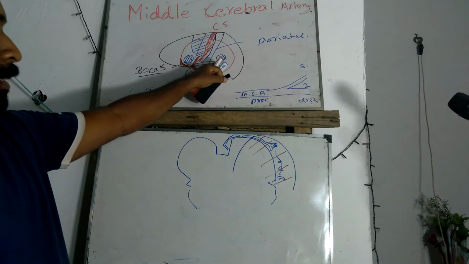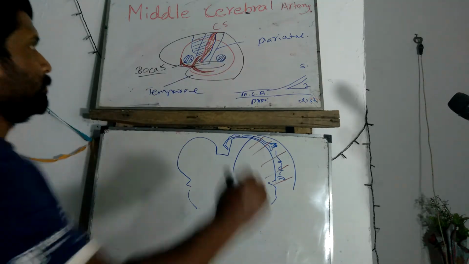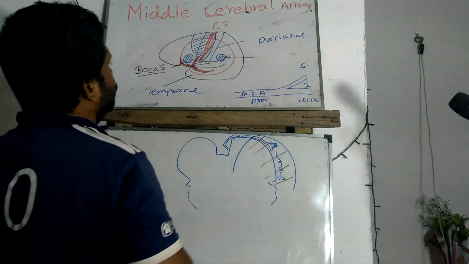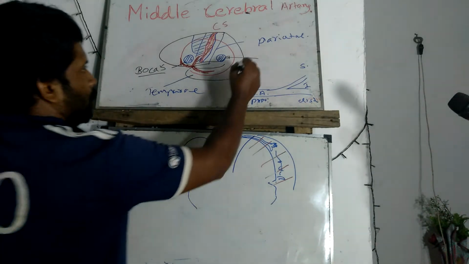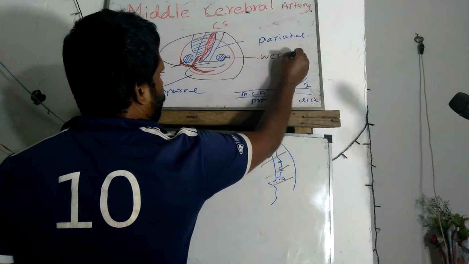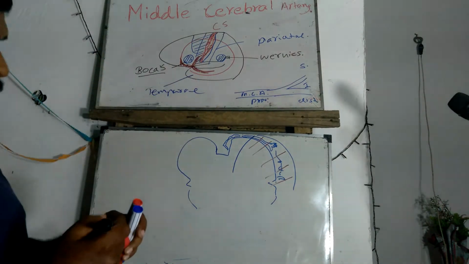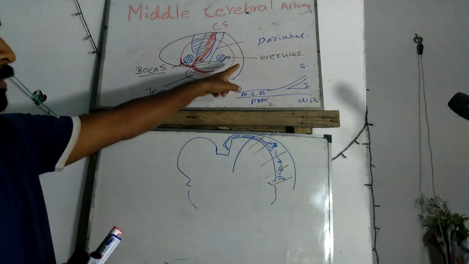This is the comprehensive speech area. It's Wernicke's area. Broca's area and Wernicke's area.